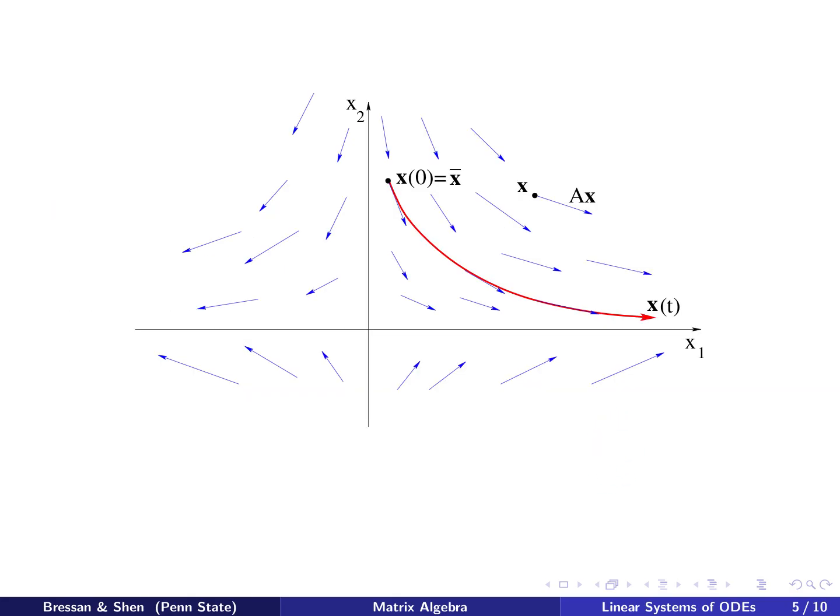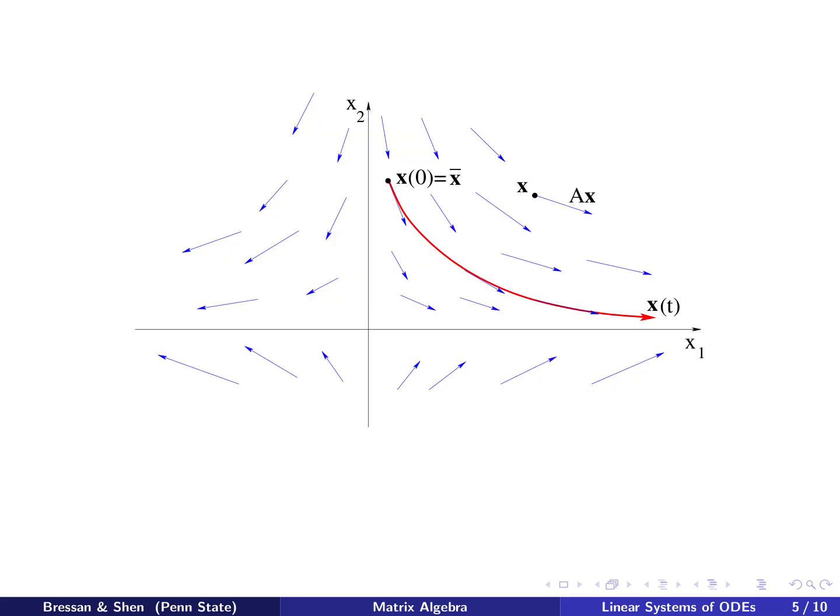Now we can use the graphics we have drawn earlier, indicating the direction vector of the right-hand side of the ordinary differential equation at every point, and roughly sketch the solution. For the first example, these blue arrows are the vectors A times x at every point with different x values.